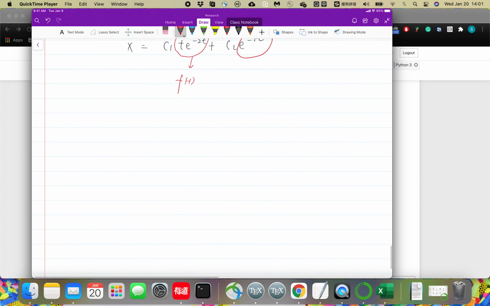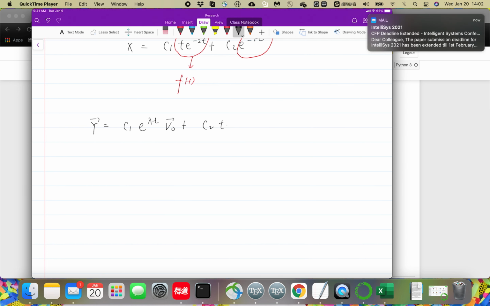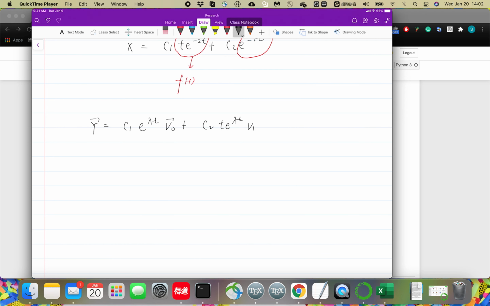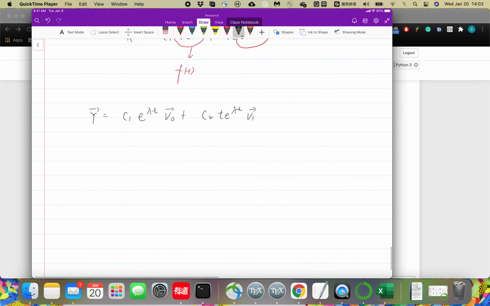That suggests you should take your y equals e to the lambda t v0. And it suggests the missing second part is going to be t e to the lambda t, which uses the same lambda, but you do have a t, okay, to make them linearly independent with this. That's what this suggests.